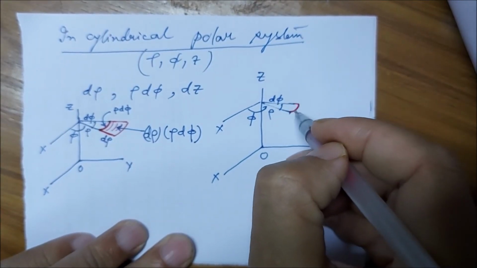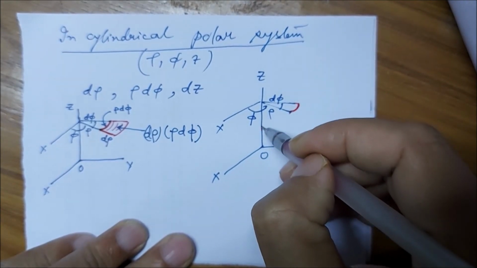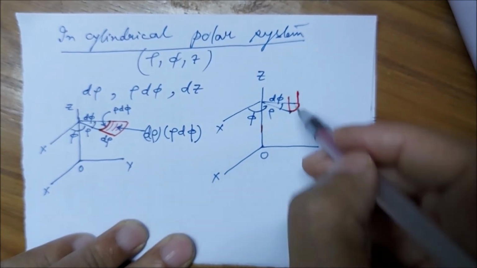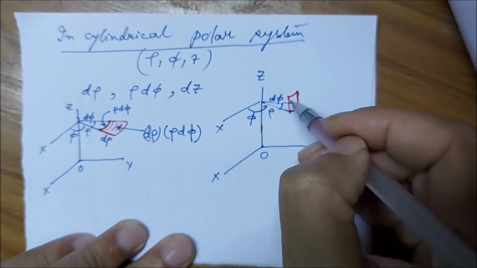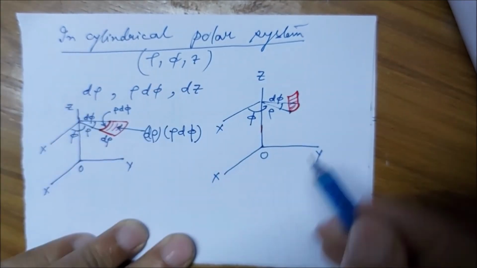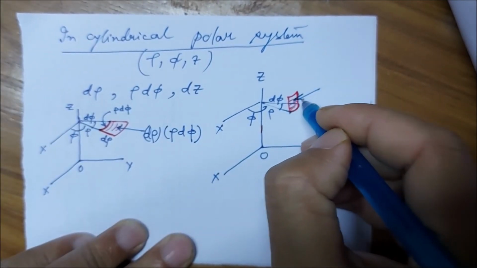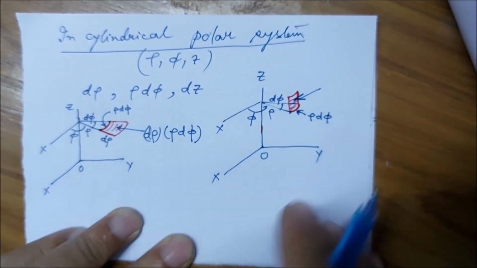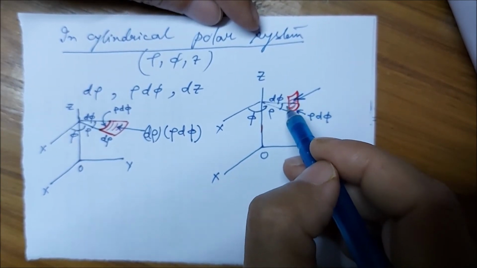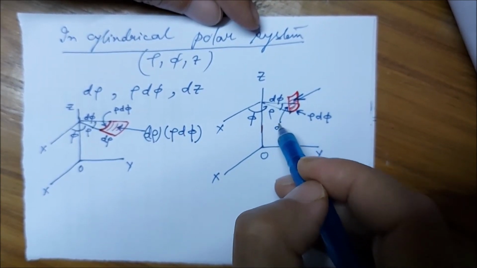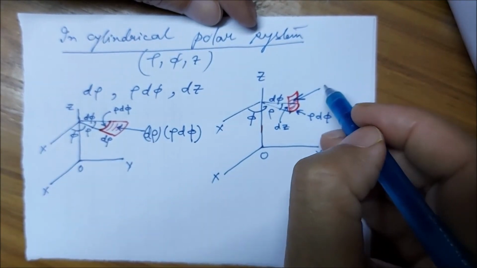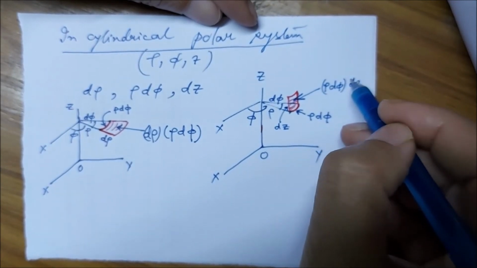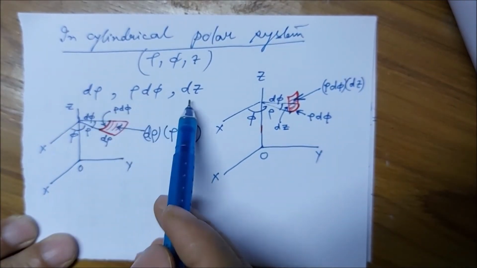So this is the arc element and dz is this portion. So this is dz. So this is the surface element that is generated. This is rho d phi and this length is dz. So we have rho d phi into dz and finally d rho into dz.